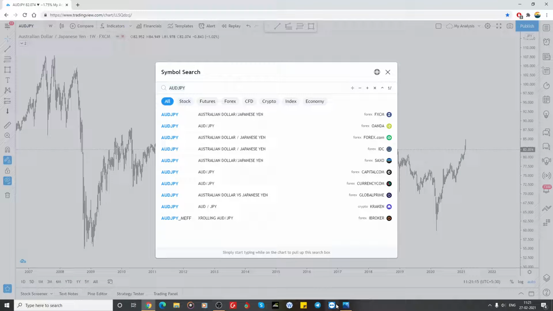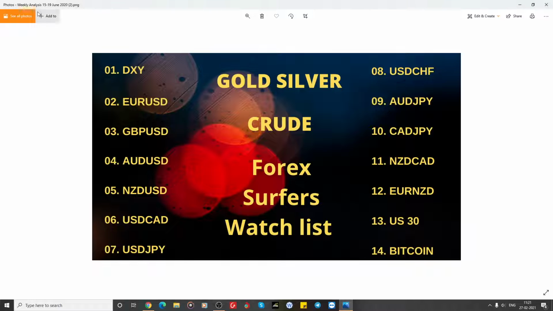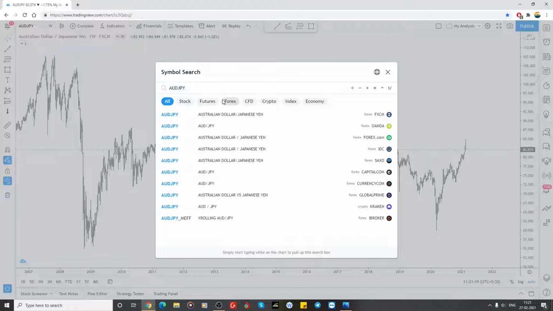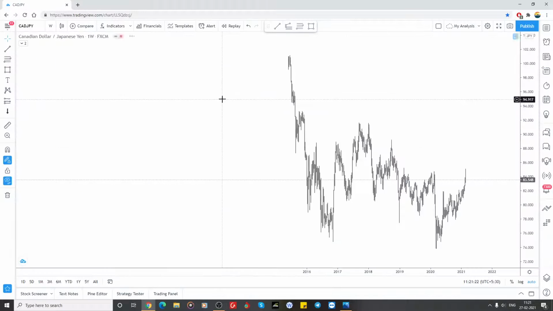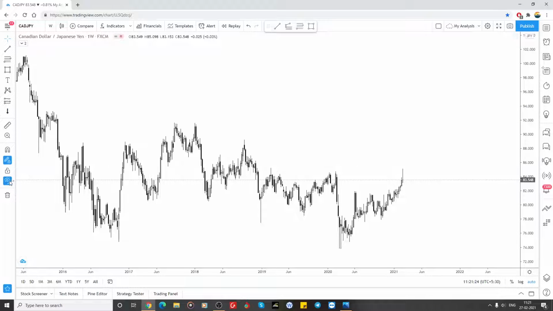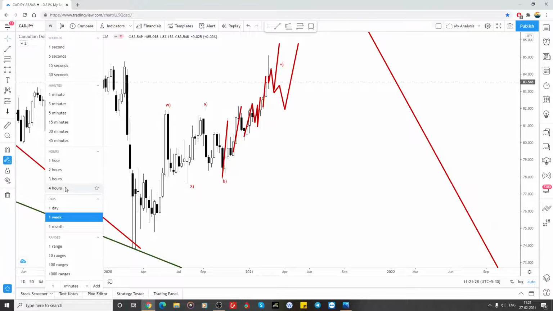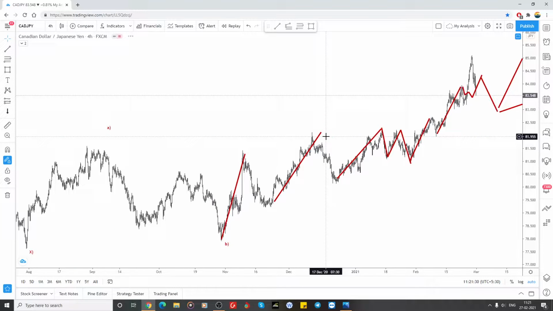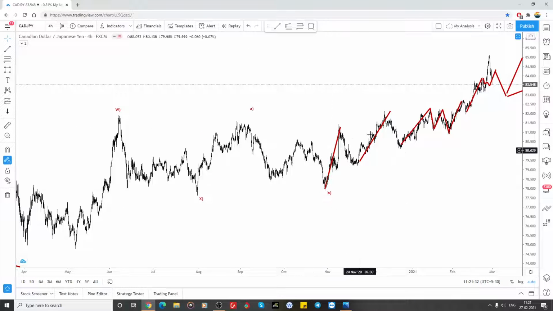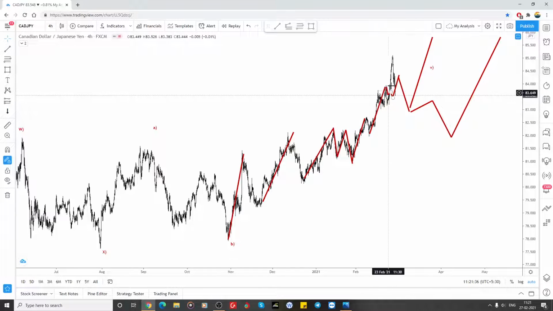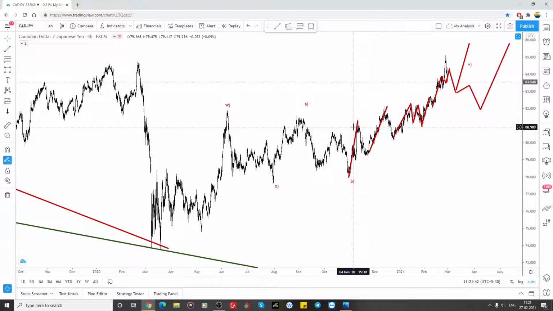And what else? The next is New Zealand Cad JPY. Same as I said, in that 4 hour, everything is looking like 5 waves. It did exactly the same. Last week I explained, but I'm not concentrating on this pair, just doing the analysis, right?